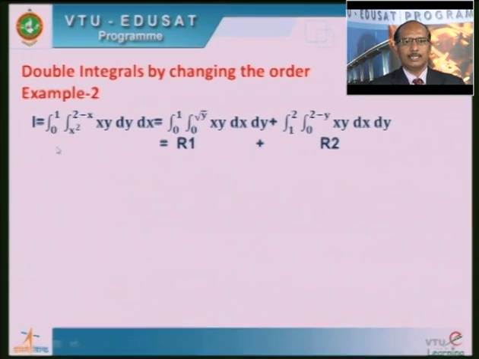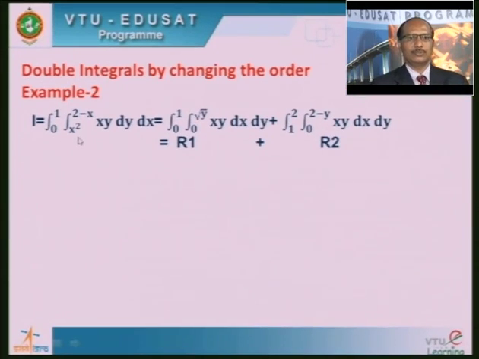So the given integral, 0 to 1, x square to 2x minus 1 dx, xy into dy dx, is written as the sum of the two integrals. Say it is R1, the first region, and R2. The first region R1 is where y limits are 0 to 1 and x limits are 0 to y.